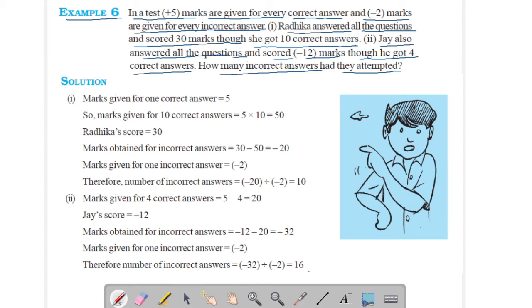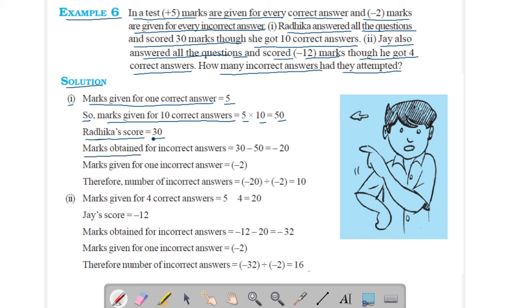See the solution. First part, marks given for one correct answer equal to 5. So, marks given for 10 correct answers equal to 5 into 10 equal to 50. Radhika's score equal to 30.